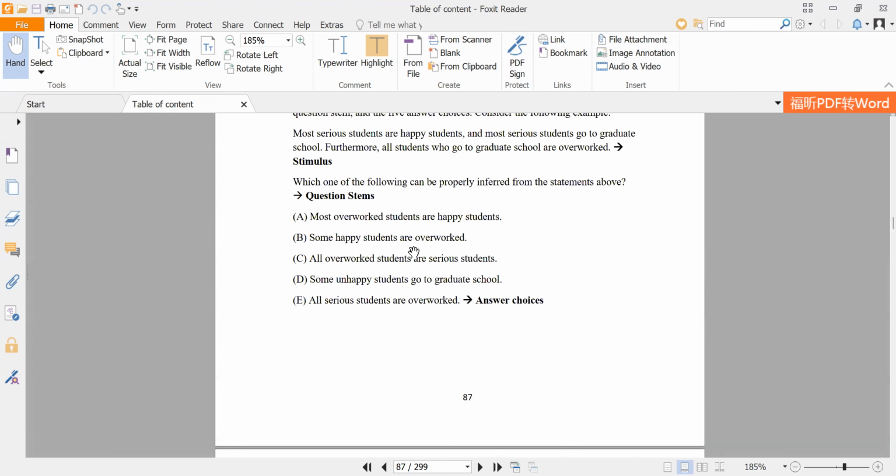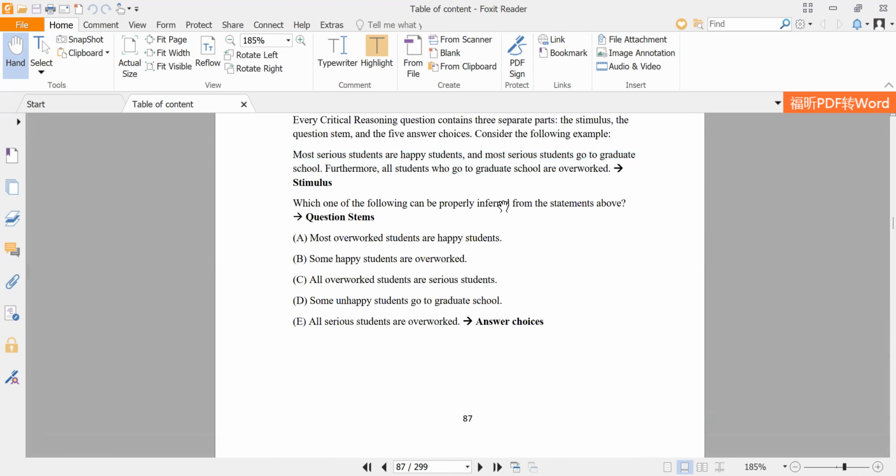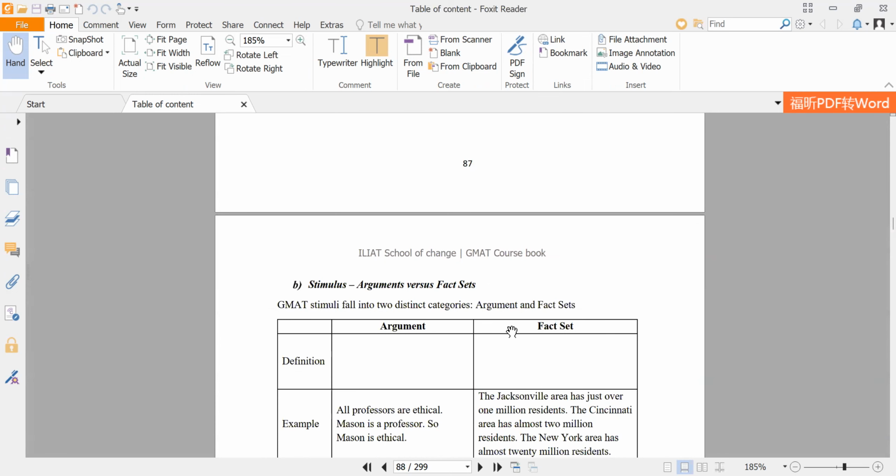All right, so now we're going to go into the more granular part of the argument. You can see that the passage that the question is presenting us is going to have several sentences. And then you look a little bit more carefully. You can basically split these sentences into 2 types. One is the argument, or the opinion, or the point that the author or the subject of the question is trying to make.